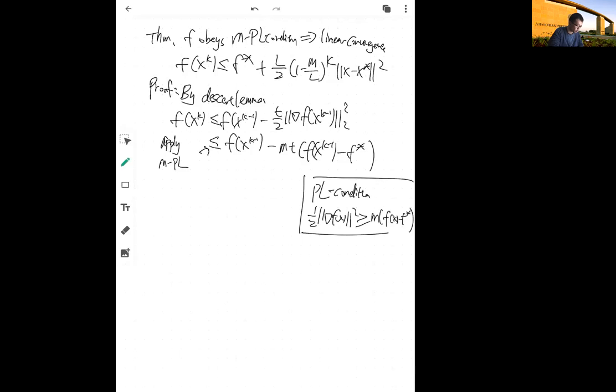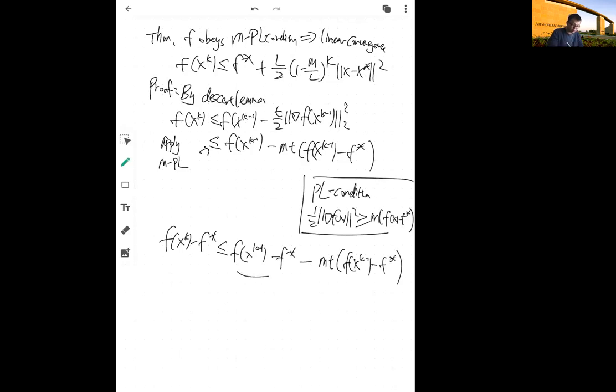Okay, so once we have that, let's move this to the other side. Let's subtract the f star from both sides of the inequality. So we'll have f(x_k) minus f star smaller than f(x_{k-1}) minus f star minus m t times (f(x_{k-1}) minus f star), right?